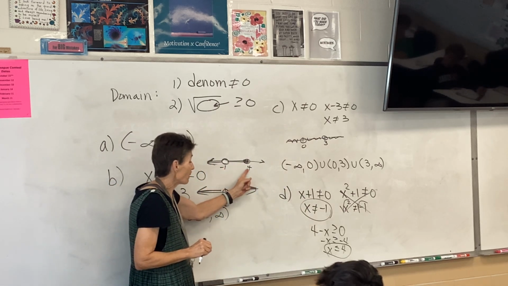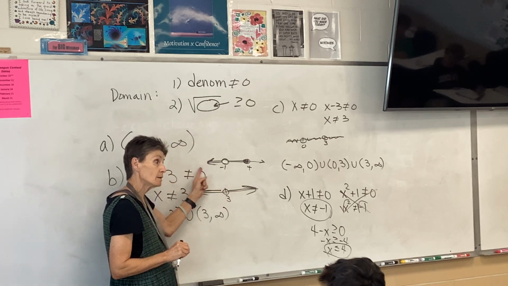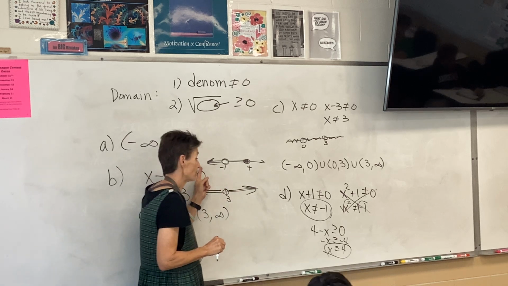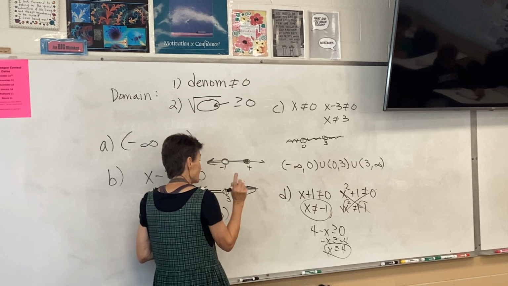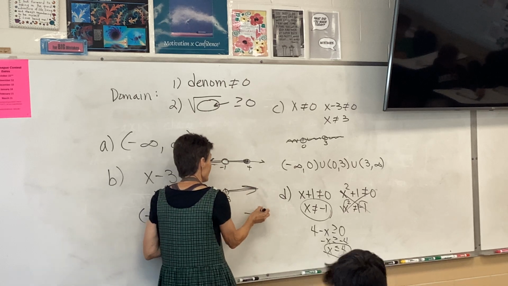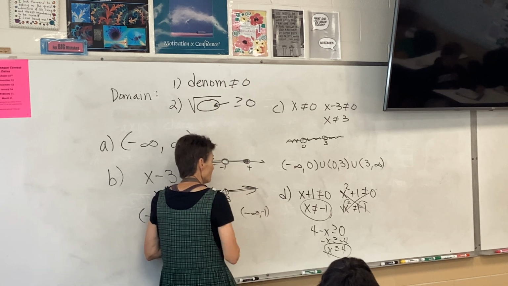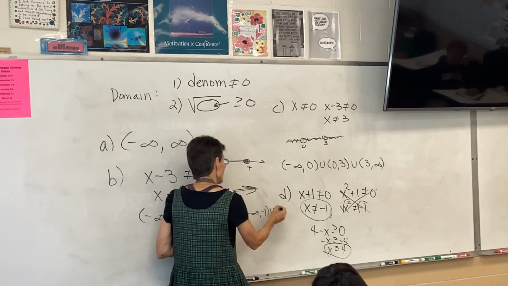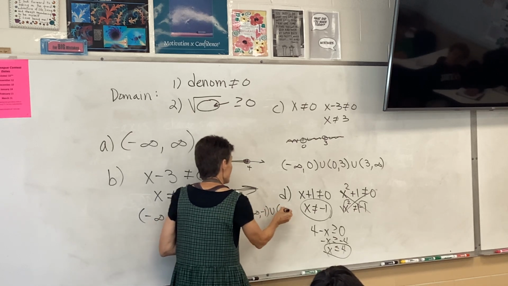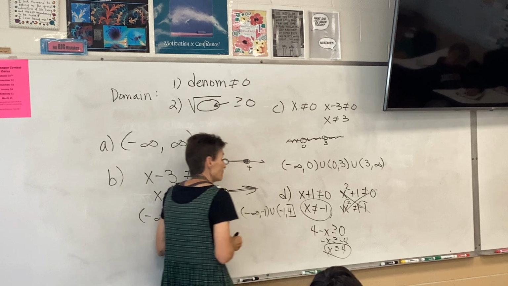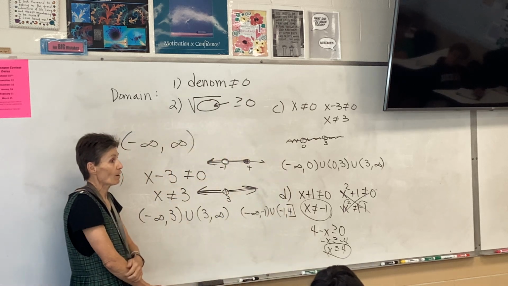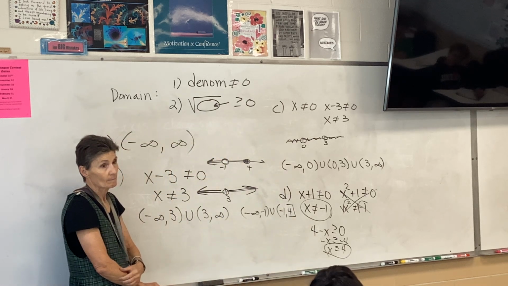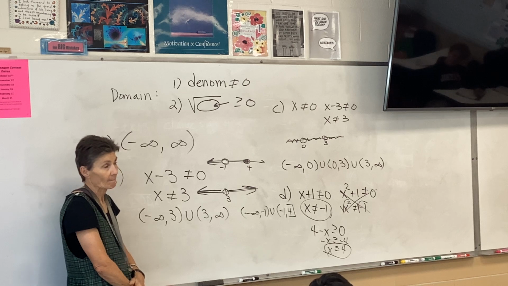So that would be part of the answer, but so would all of that. So my answer to D is negative infinity to -1, union with -1 to 4, and 4 has a bracket.